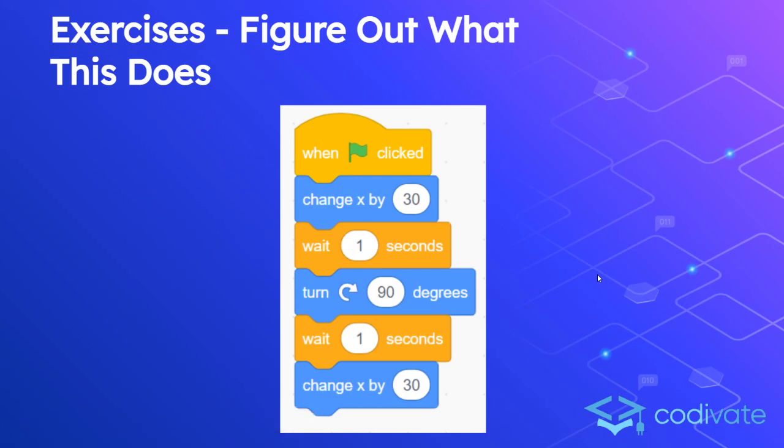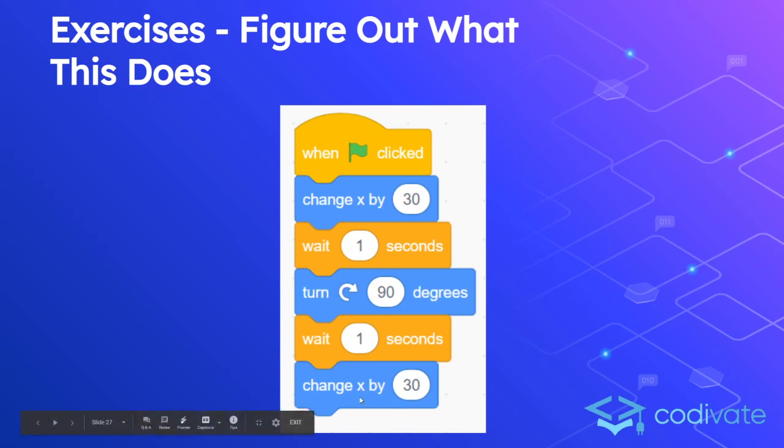This one is also similar to the previous one, but it's a little tricky in how it's different, and I want you to try to figure out how it's different. Because it is almost exactly the same until the very end. And why that is: change x by 30 means the cat will just move 30 steps to the right, regardless of what direction it's facing. Then it's going to turn clockwise 90 degrees.